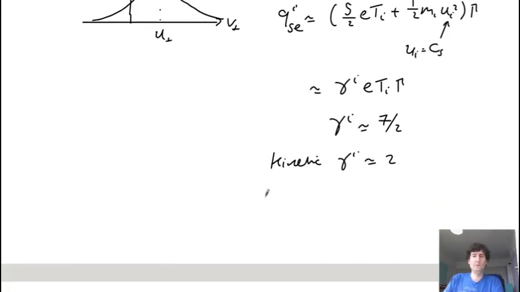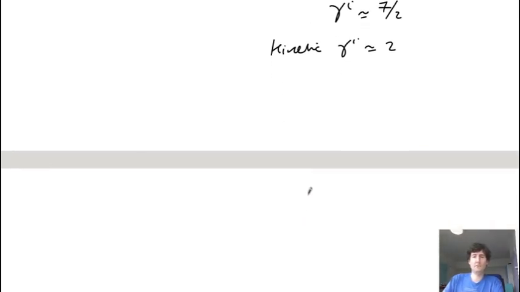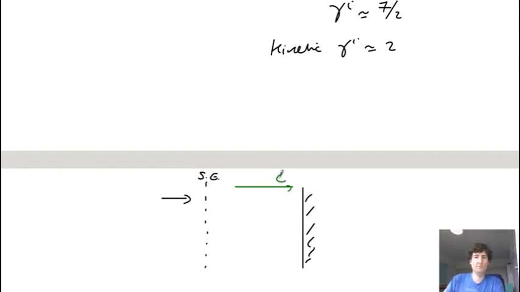Okay, so then if you go back to the picture I had at the beginning of the wall and the sheath. So we have the wall here. We have the ions coming in. We have a sheath entrance here. This is the sheath entrance. We have an electric field which is pointing towards the wall.